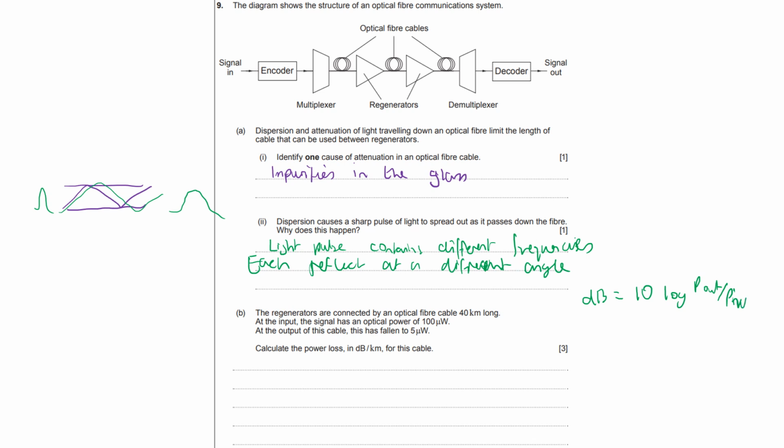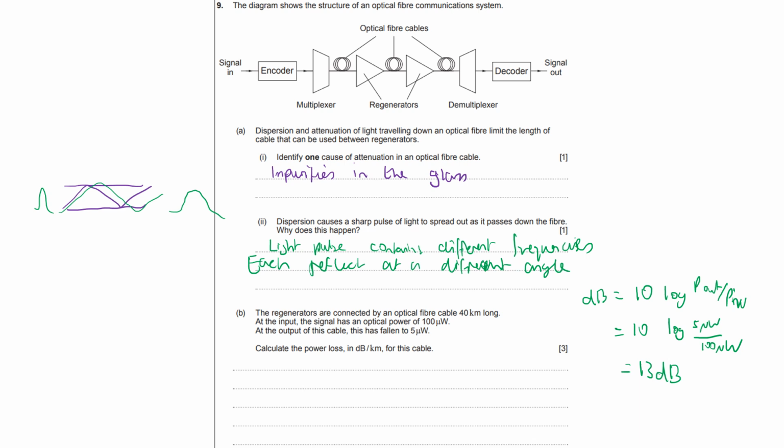So basically put the numbers in. It's always log to base 10 anyway. P out is your 5, because the output is 5. So 5 microwatts over 100 microwatts. The micros will actually cancel. That's going to give you 13 dB. Okay, so that's your answer for that.